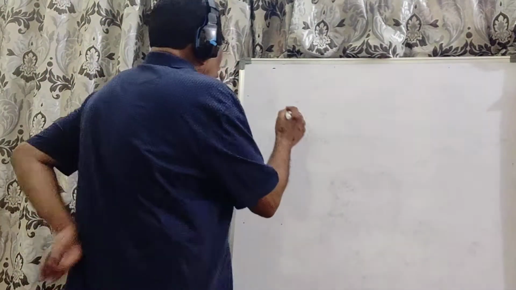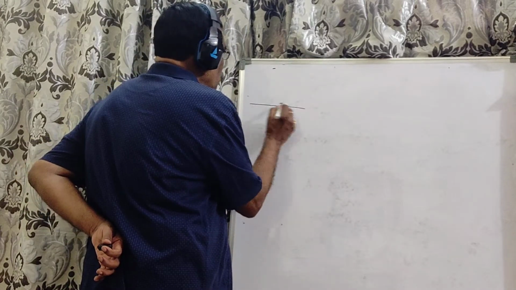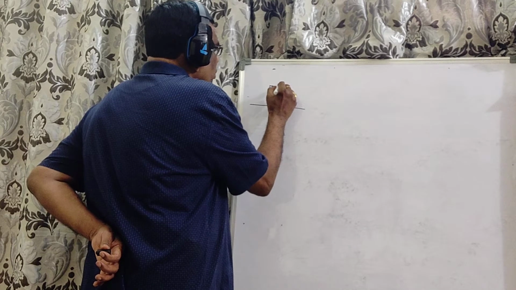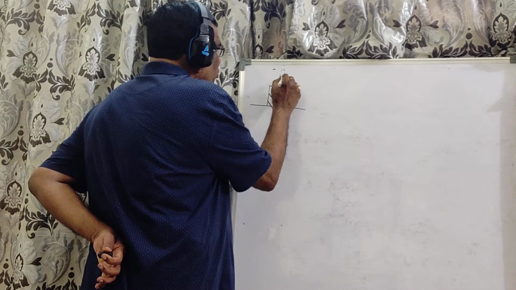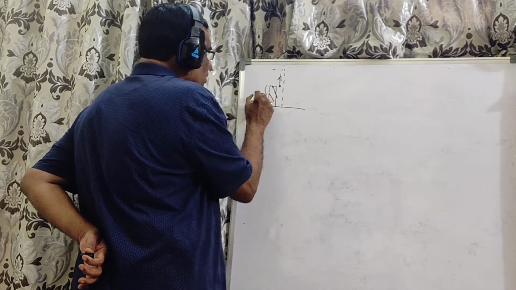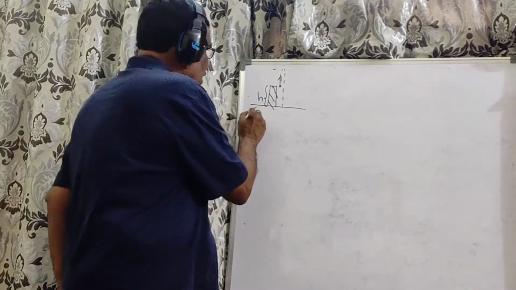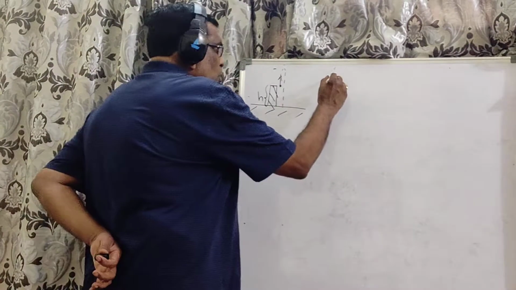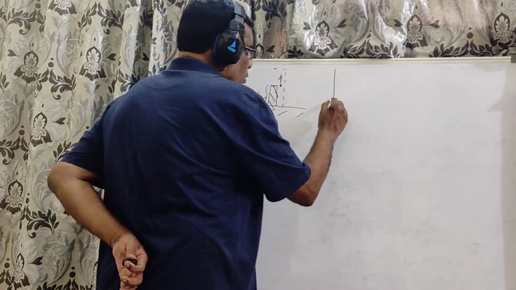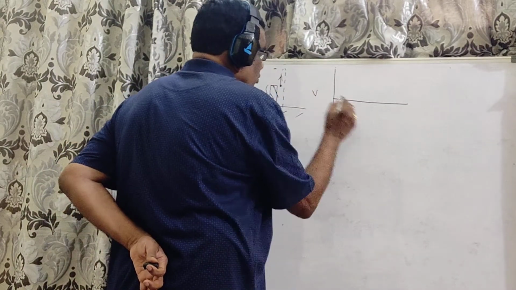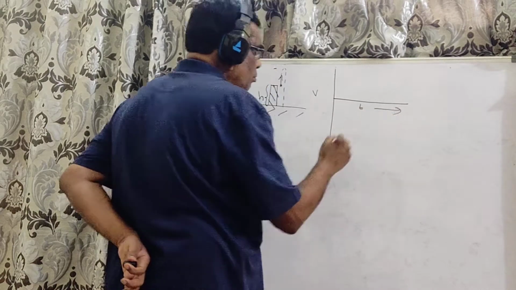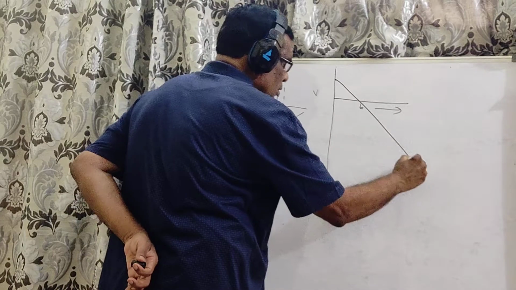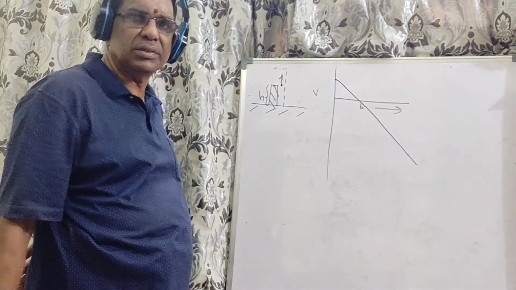Now let me tell you how to represent a body projected from the top of a tower. This is an example that I have already shown you in my previous case as well. Now I want you to plot the velocity time graph. This is how it starts off, and that's how it goes.